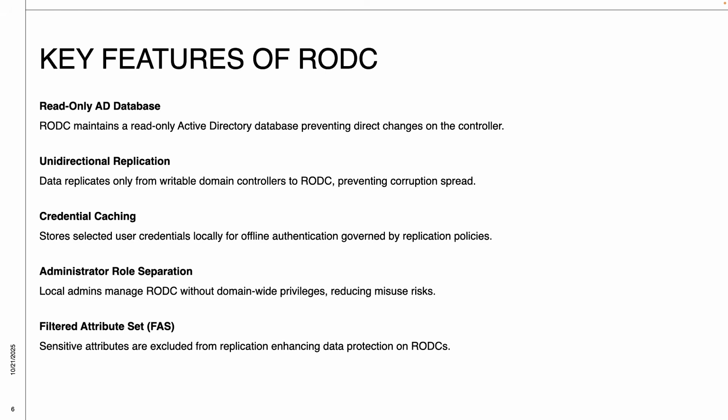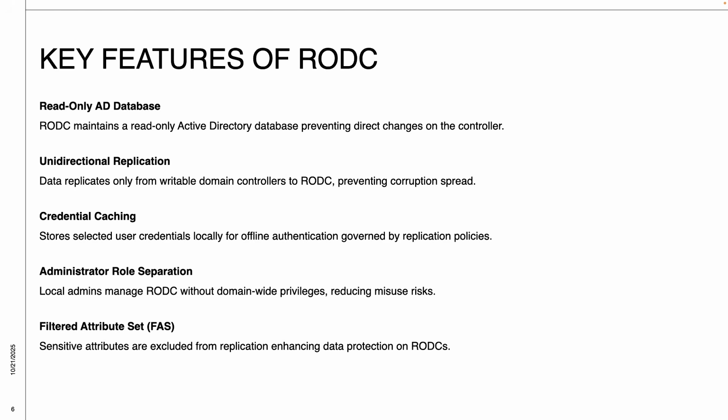Third, RODCs utilize credential caching, which allows them to store selected user credentials for offline authentication, which means they need not contact the writable domain controllers every time to validate the password of these users. These credentials should be for non-privileged users. This feature is governed by password replication policies to ensure security.